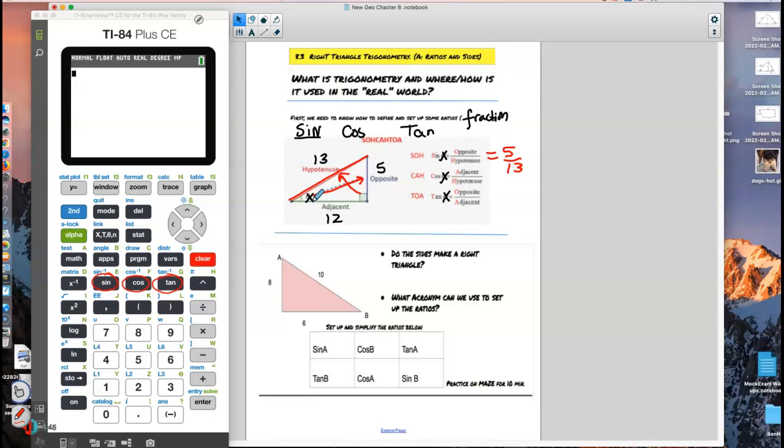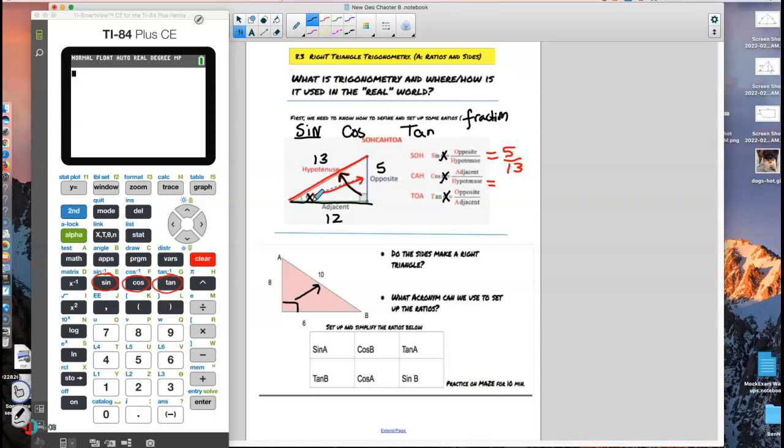All right? So for the cosine ratio, we grab the side adjacent to the angle, and you might say there are 2 of them. Adjacent means touching, but the one across from the right angle always gets to be the hypotenuse, always. And you're going to always identify that first, hypotenuse, always, okay?